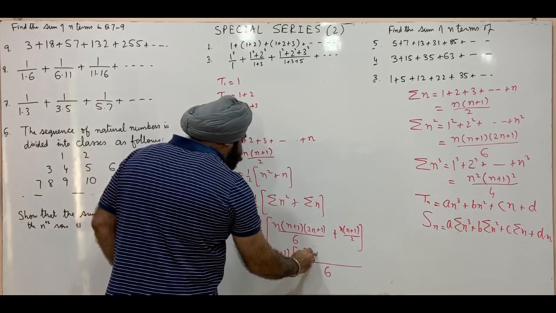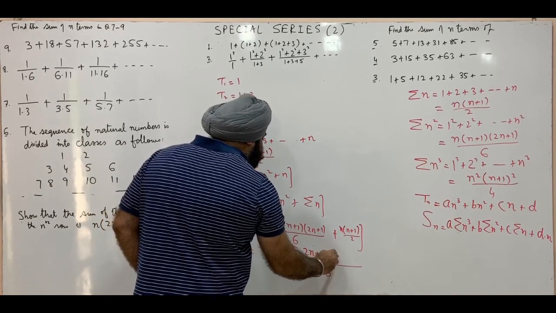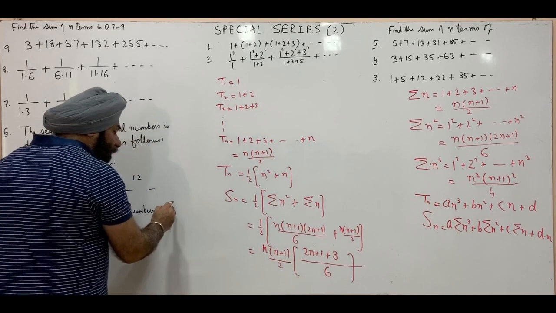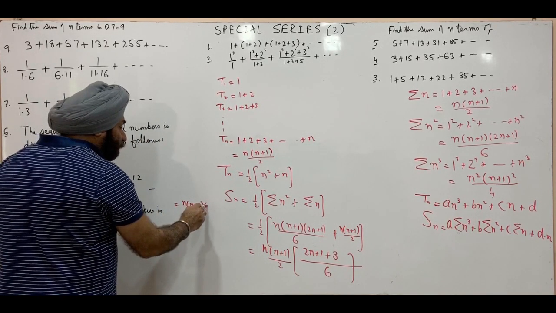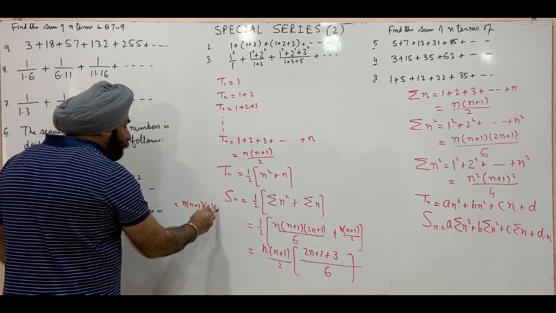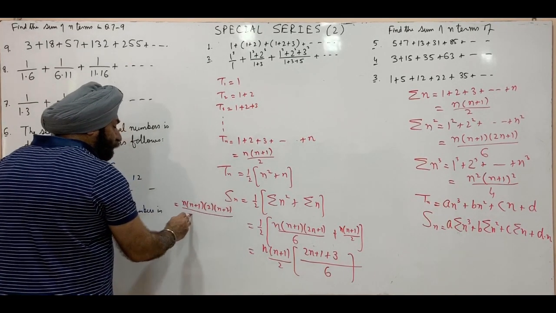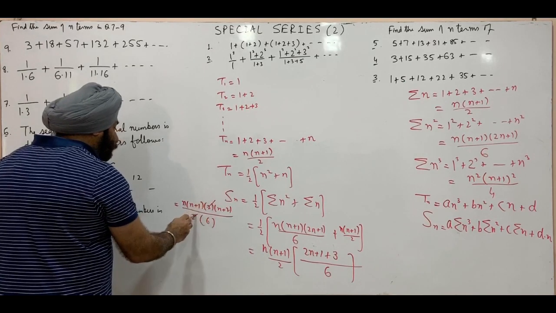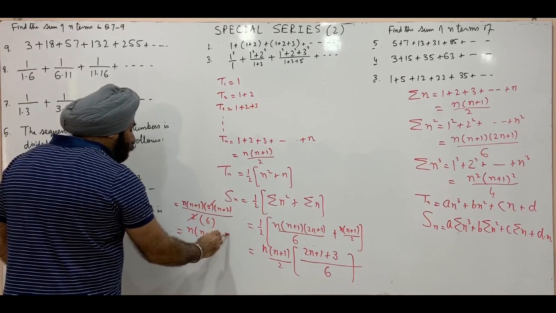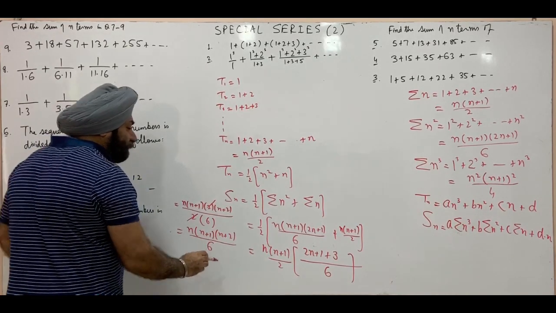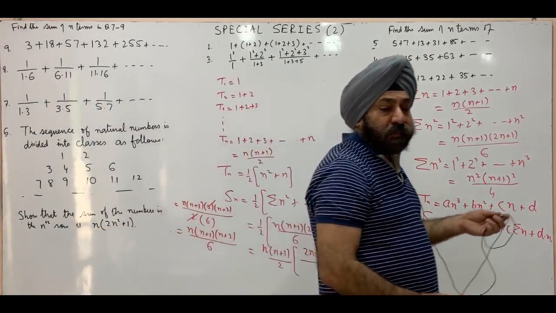So it's 2n plus 1 plus 3, and this simplifies to n into n plus 1, 2n plus 4, that's 2 into n plus 2 upon 2 into 6, this cancels, so this is n into n plus 1 into n plus 2 upon 6. This is the sum of n terms of this series.